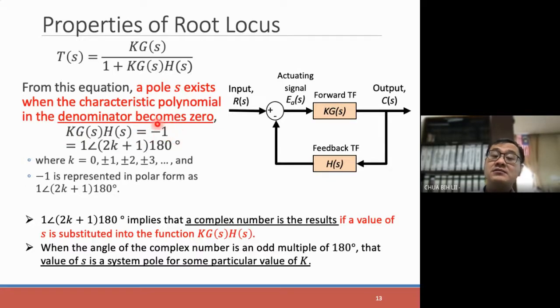And in a polar system, -1 is when it rotates at 180 degrees, just like a circle. So when it's lying on this side, 180 degrees with a unit of 1, it will give you -1.